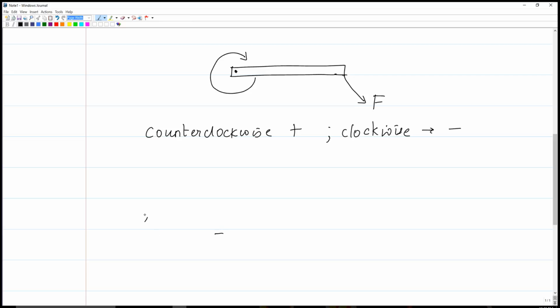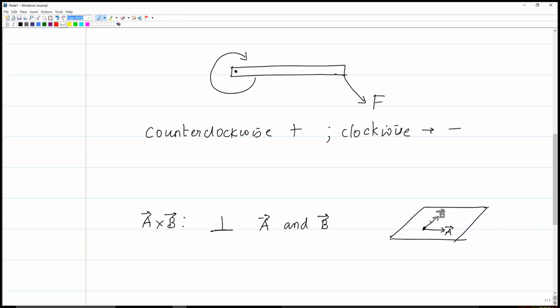If you have two vectors A and B, and we're going to do a cross product between these two vectors, then what we know is that the vector A cross B is perpendicular to the vector A and to the vector B. So essentially it is perpendicular to the plane formed by A and B. So if you have a plane and you have the vector A here and the vector B here, then the vector A cross B is perpendicular to this plane.